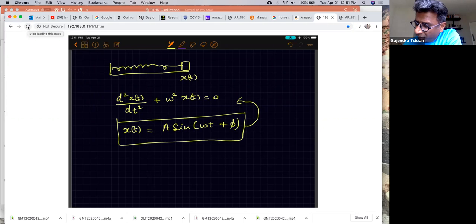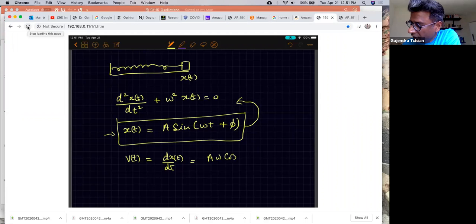But anyway, now that I know the configuration of the system as a function of time, I can calculate the velocity, which is dx by dt. And the velocity will be A omega cosine(omega t plus phi).